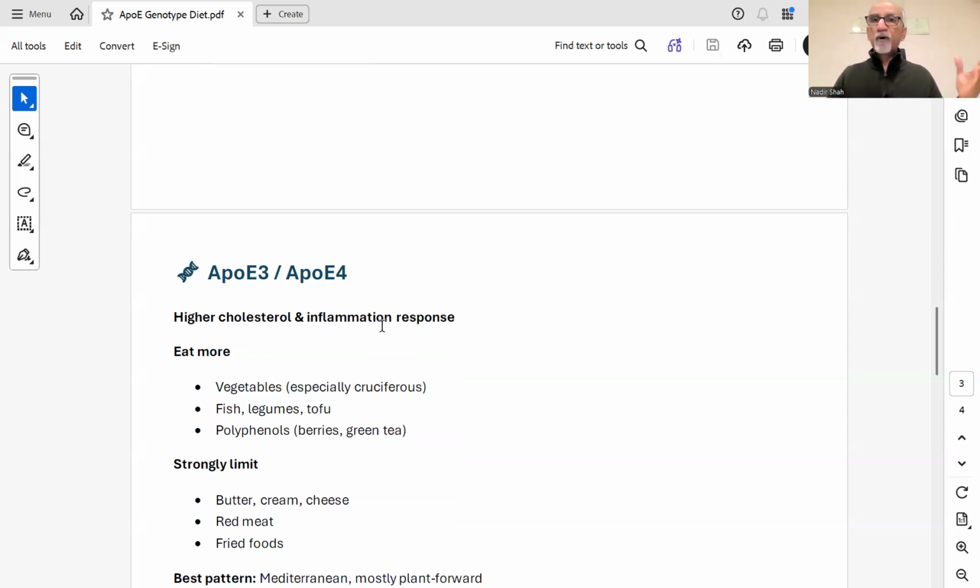My LDL was hovering between 120 and 130, right? When I stopped, because I'm a moderate handler of saturated fat, when I stopped that meat eating with my wife, my LDL dropped too.